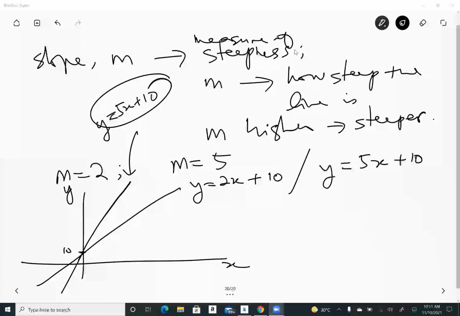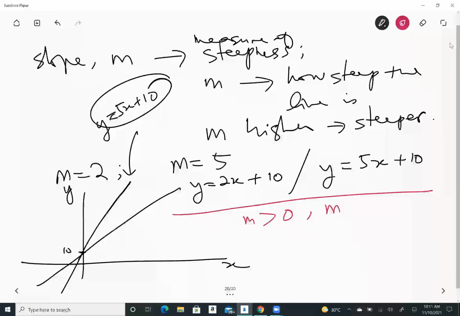So we want to look at the more detail of that concept of slope. Before that, the slope can also be negative. Here you got m bigger than 0, the example I gave you, m equal to 2, m equal to 5.